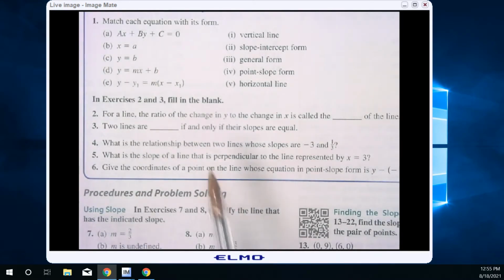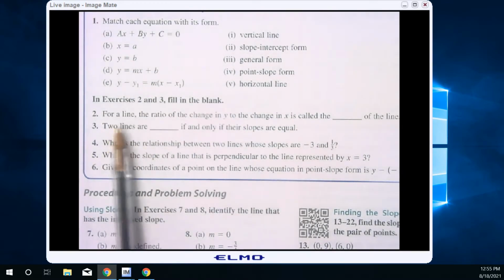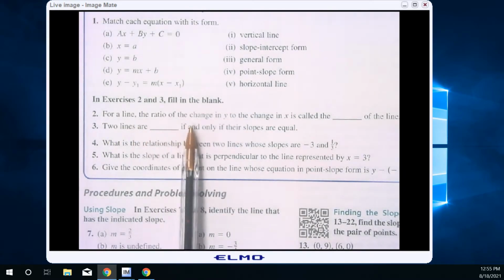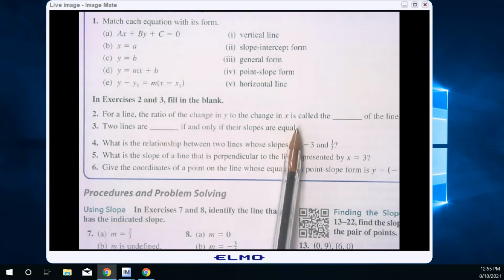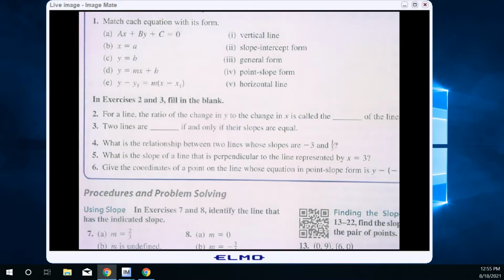Got some vocabulary going on. Fill in the blank. For a line, the ratio of the change in the y's to the x's is called the what? Slope of the line. Does anybody have anything else?